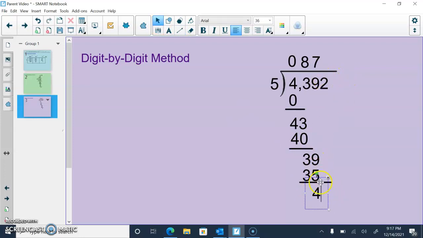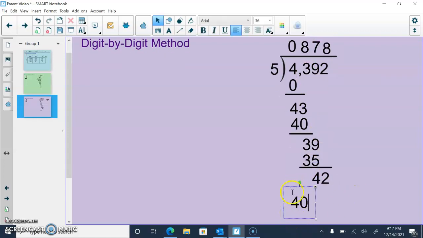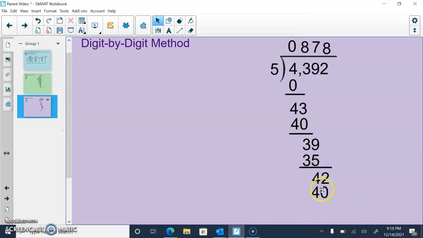We have one more number to bring down, which is a 2. 5 times what will get me close to 42? 5 times 8. And you can see we're building the same exact answer that we did in the other two methods. And we will have 40 with 2 left over when we do our subtraction.